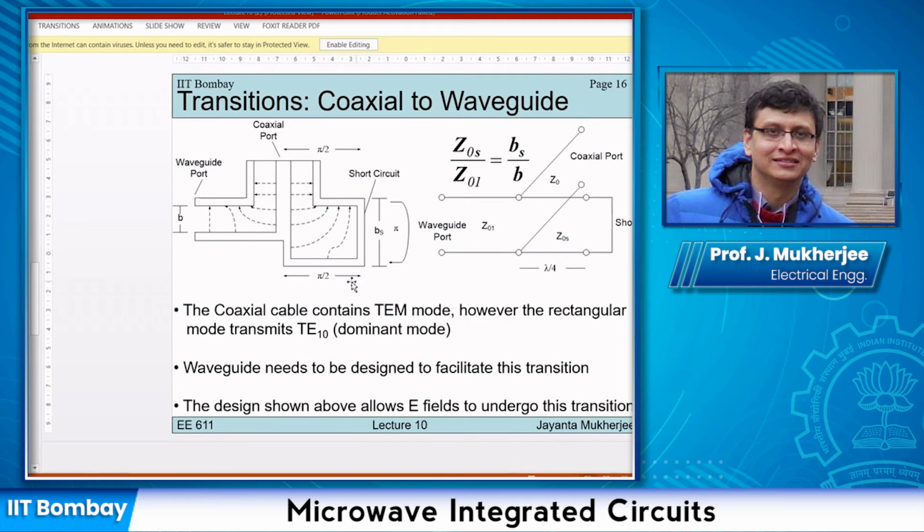Now, the reason for keeping this launcher at a distance of pi by 2 from this end is that if some waves travel this way towards the right, then they will undergo reflection. When they undergo reflection, there's a phase change of pi, and then twice traveling the electrical length of pi by 2 will introduce another pi phase difference, due to going from here to here and then coming back from this end to here.